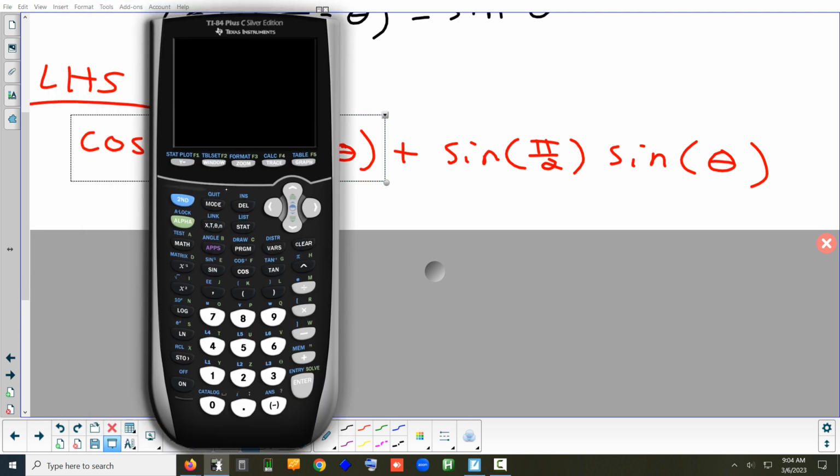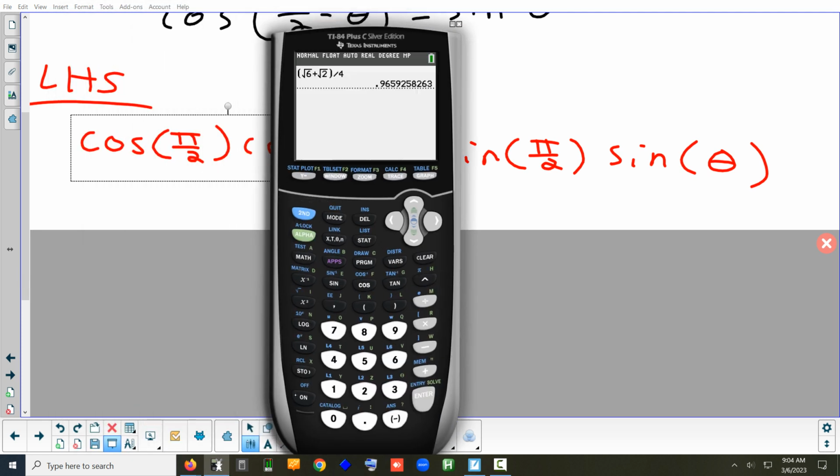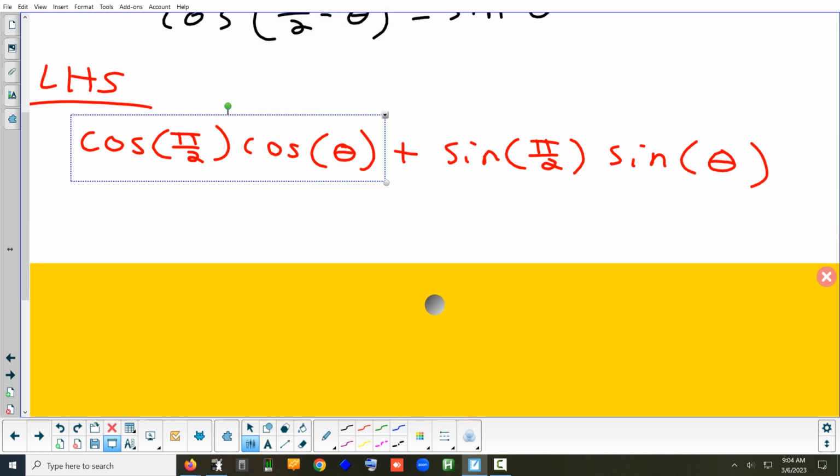Since I'm in degrees, I'm going to do it that way. What's pi over 2 in degrees? Yep, 90. If you don't want to do degrees, that's fine. Just change your mode to radians. But I'm in degrees, so let's just type in 90. And we get 0.